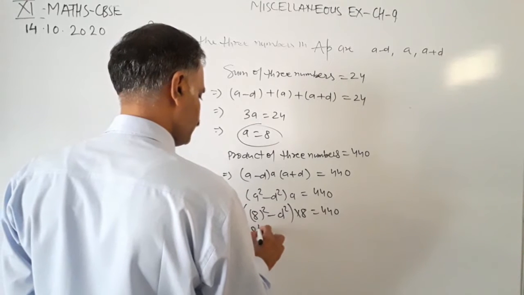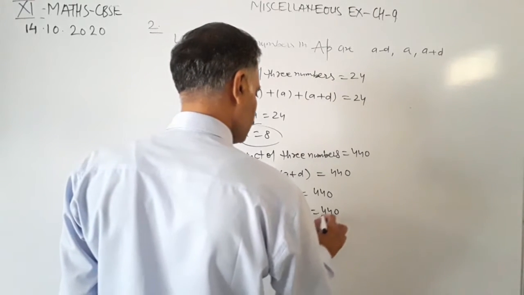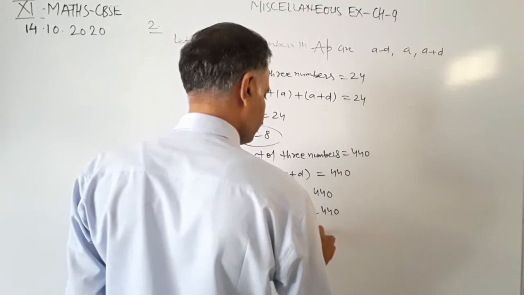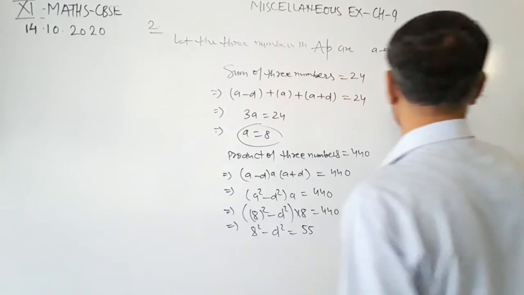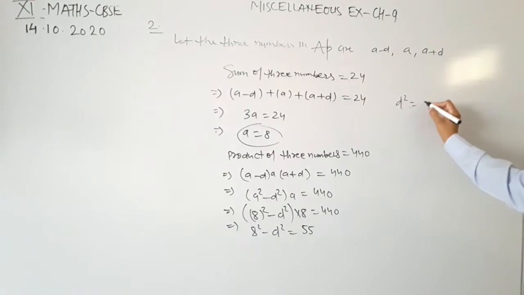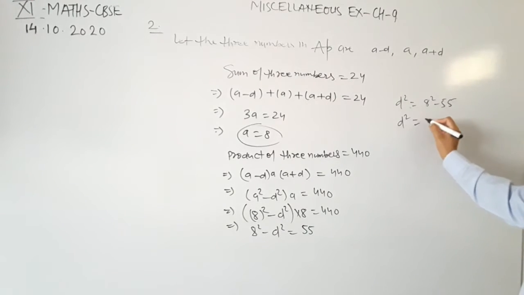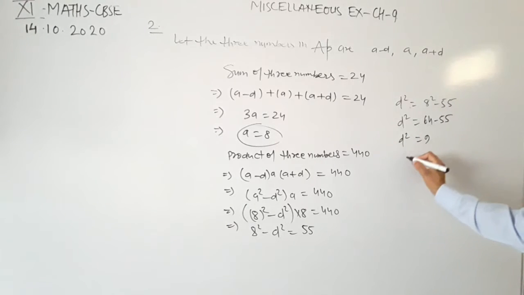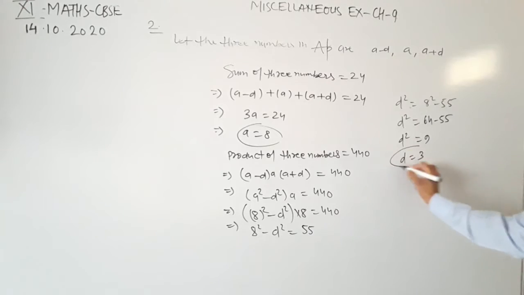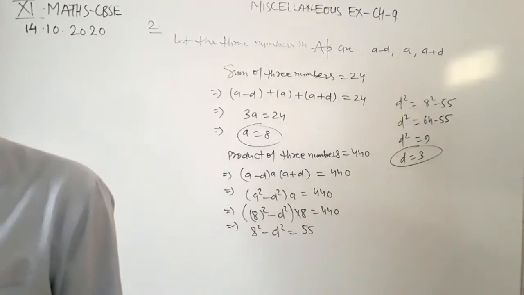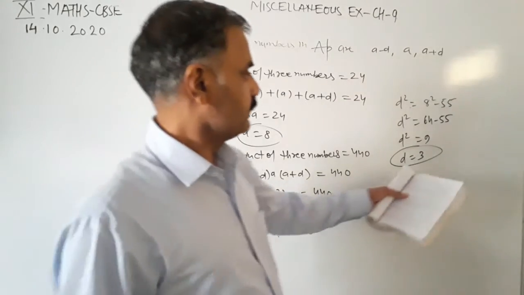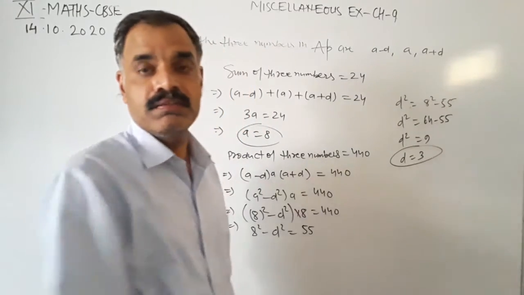So 8 square minus d square equals 55. So d square is equal to 8 square minus 55, d square equals 64 minus 55, d square equals 9, d equals 3. So the common difference is 3 and the first term is 8.